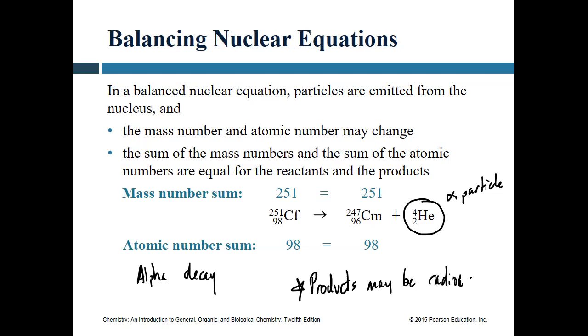So an important note here, the products of these reactions may be radioactive also, but they will be more stable than the reactants were. And that's an important note to make.